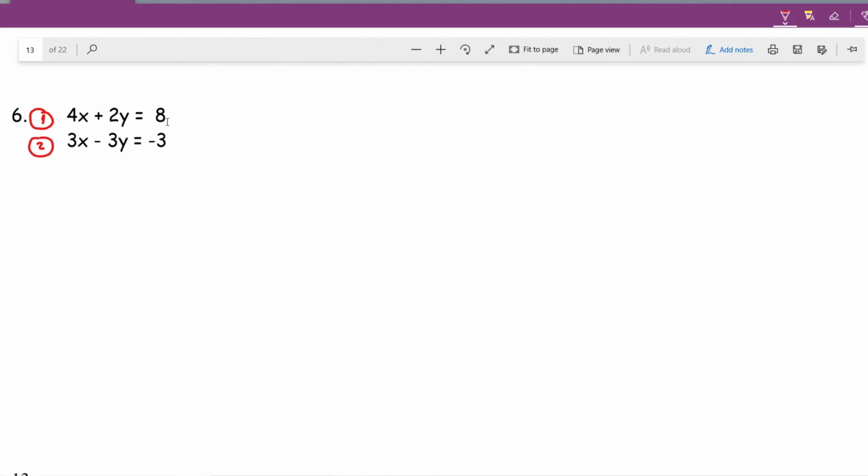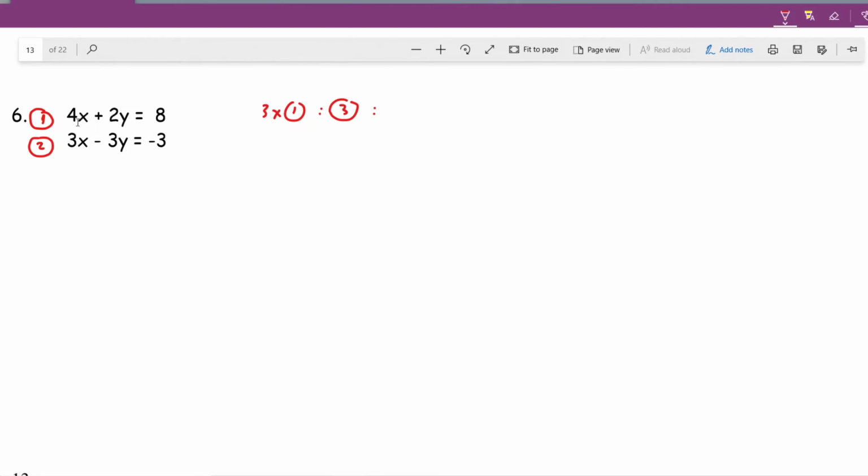So I'm going to times the top equation by 3 and the second equation by 2, so the y's end up with 6. Let's do the first one: 3 times equation 1, which I'm going to call equation 3.